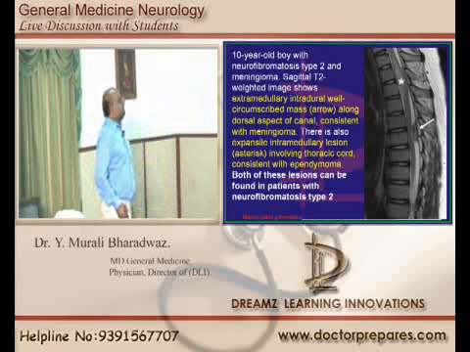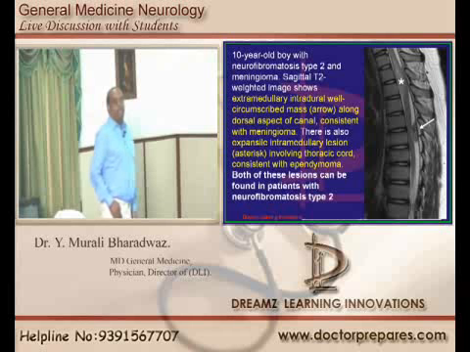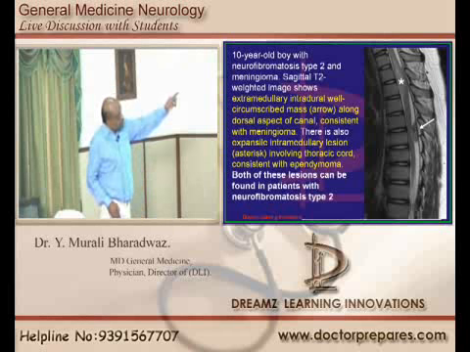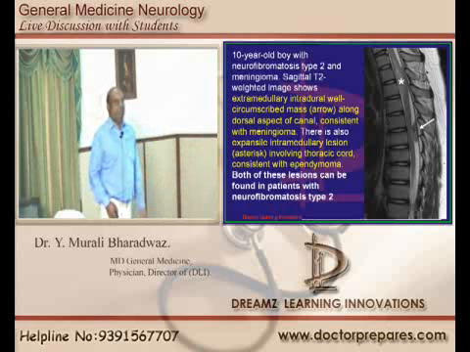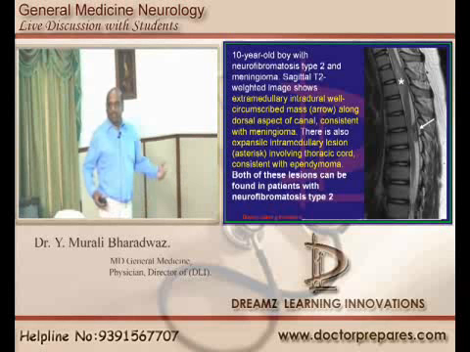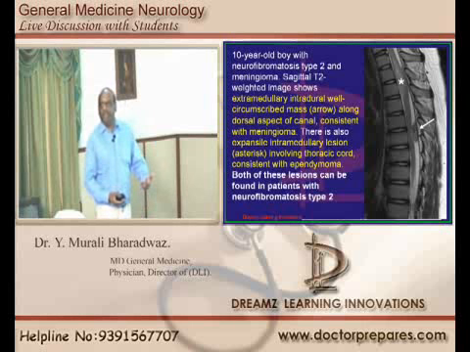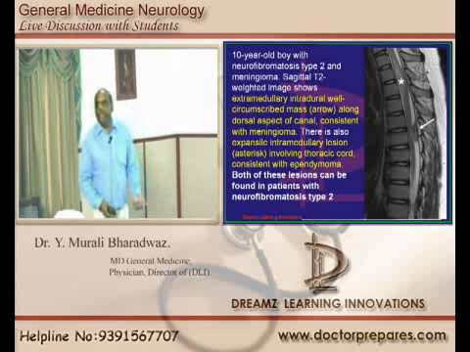Now this is a typical patient. You see, a patient who is having neurofibromatosis has both kinds of tumors within a single person. Only for you is this patient born, because one person having both intramedullary and extramedullary intradural tumor at the same time is rare.